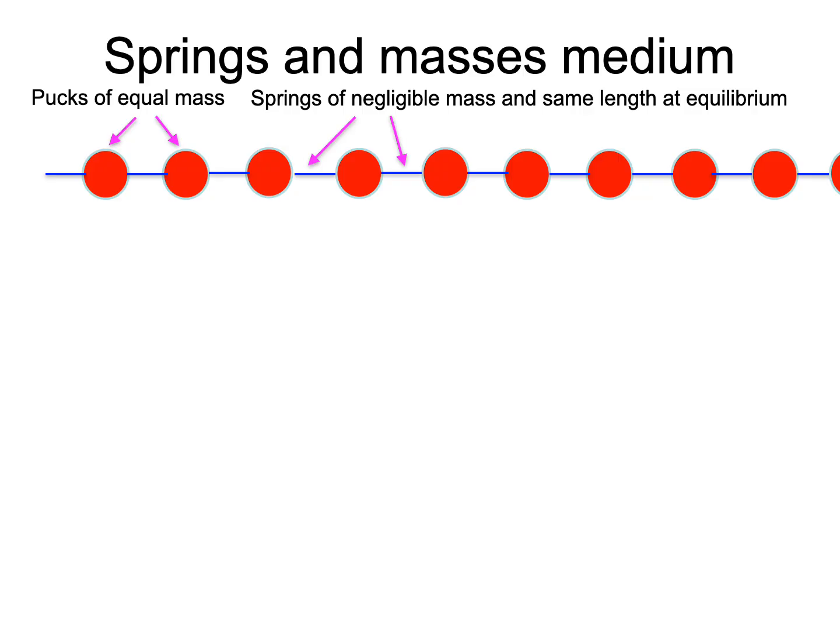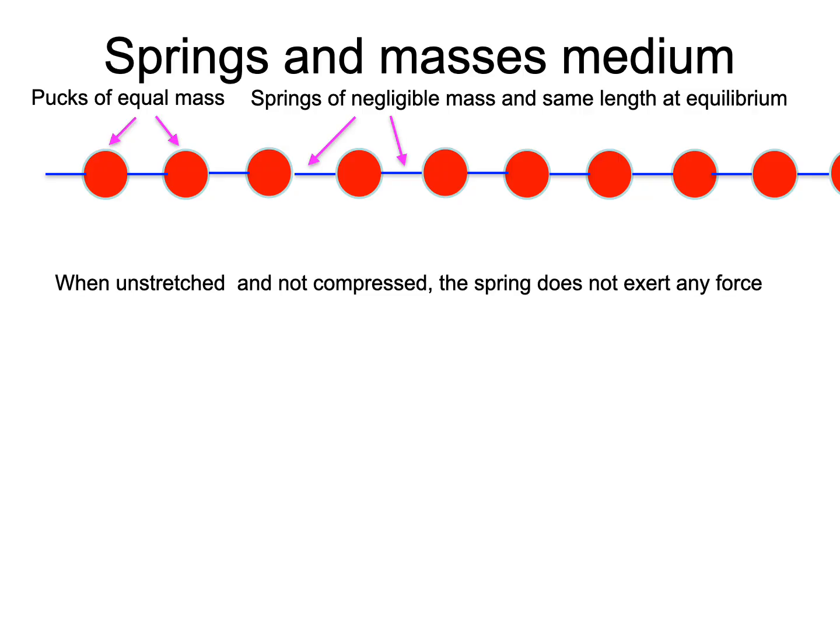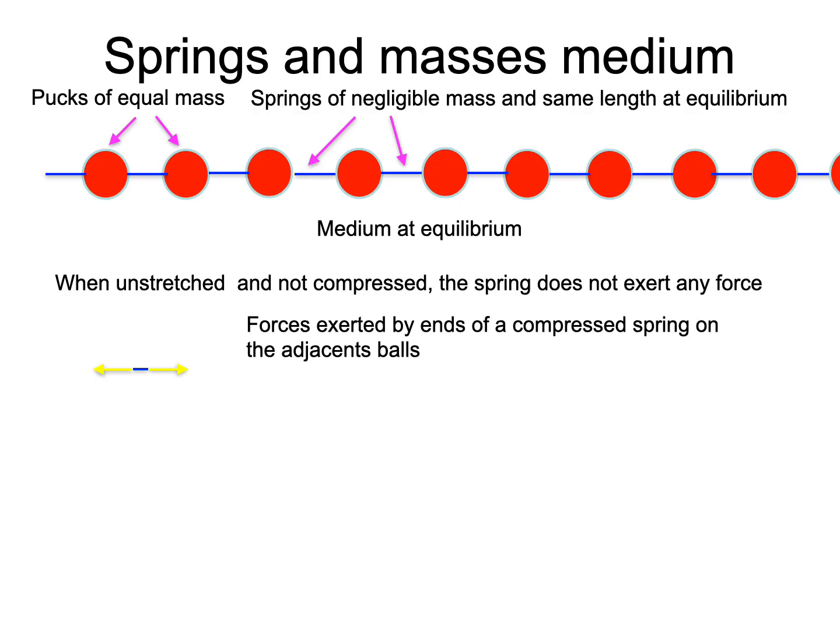When a spring is not compressed or stretched, the spring does not exert any force on the pucks it is attached to. This medium here is shown with springs at their equilibrium length. When a spring is compressed, its ends exert forces on the pucks as shown by the yellow arrows.